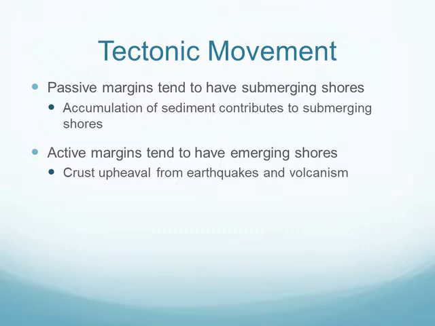Versus active margins tend to have emerging shores because you have an upheaval of the crust due to volcanoes and volcanism. So that's where you tend to see more uplifting of the material.